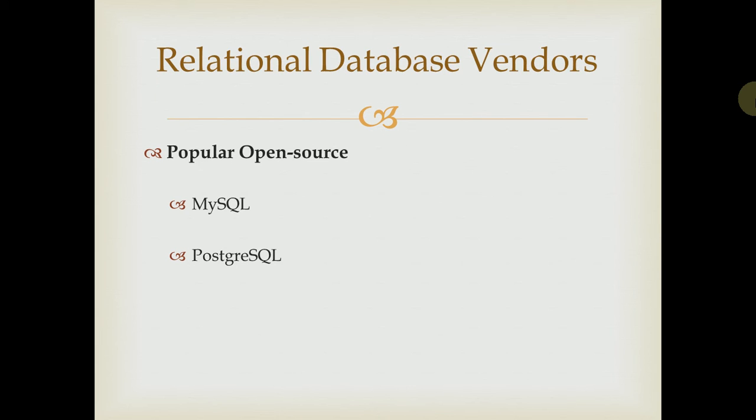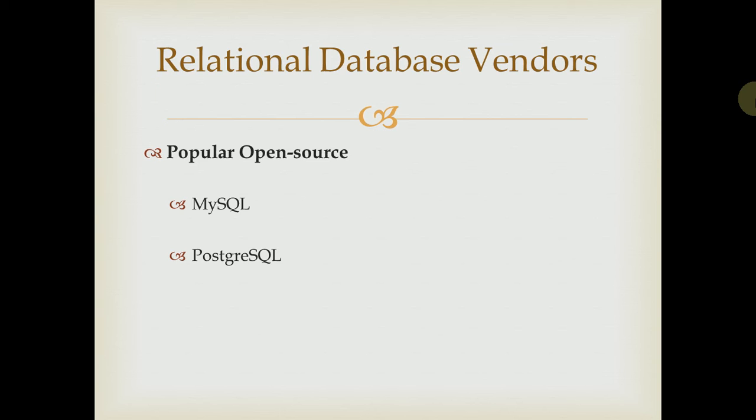So now looking at relational database vendors. There are two main schools of thought, if you like. There's an open source community, and then there are commercial or non-open source solutions out there. Open source is not always free. Open source just means that you are able to look at the source code.